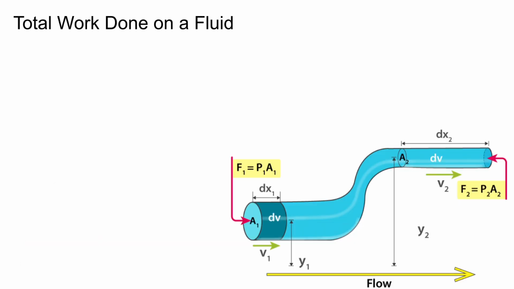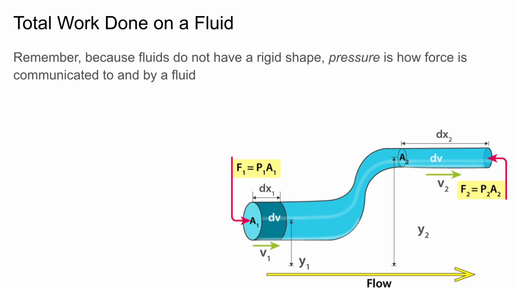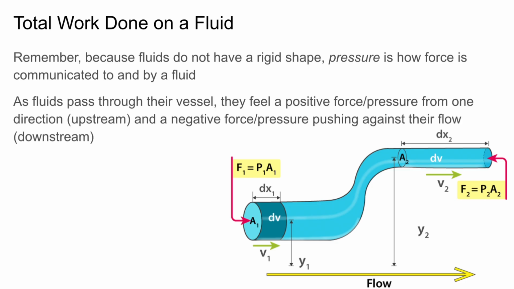So let's first consider the total work being done on a fluid. Remember that because fluids don't have a rigid shape, when we push on them, unlike with a rigid object in space, it won't accelerate in an obvious manner. If we push on a fluid, it's going to move around our force, right? But if we have it in a sealed container, then pressure is how force is communicated to and by a fluid.